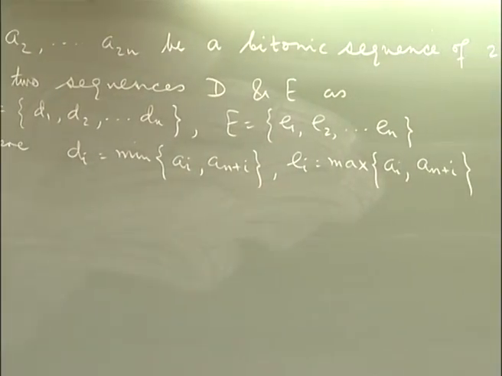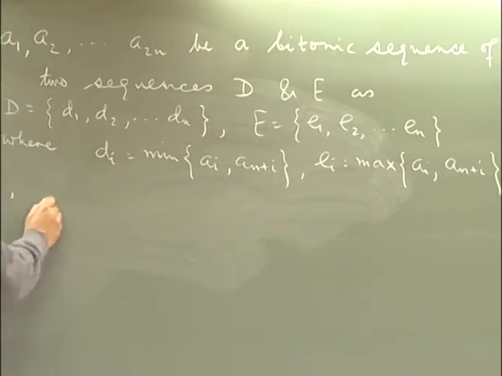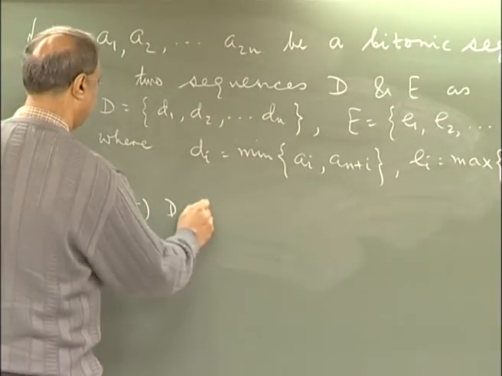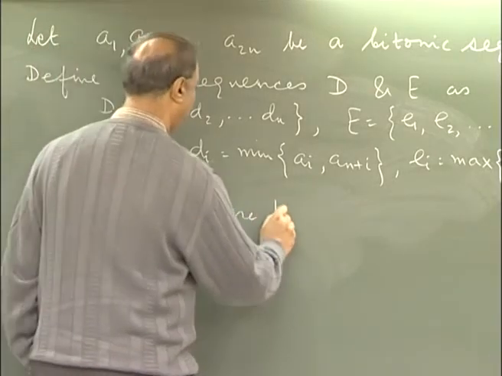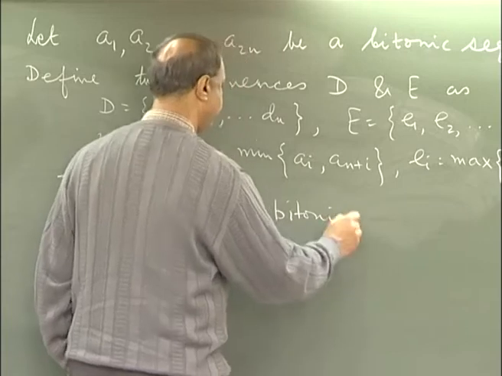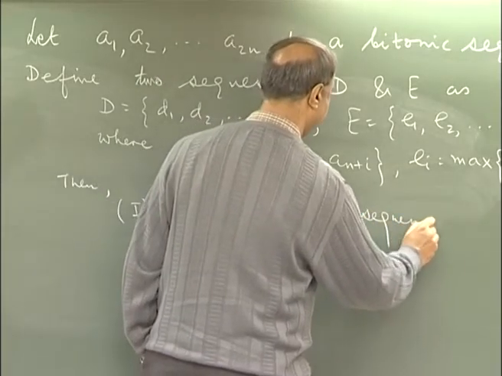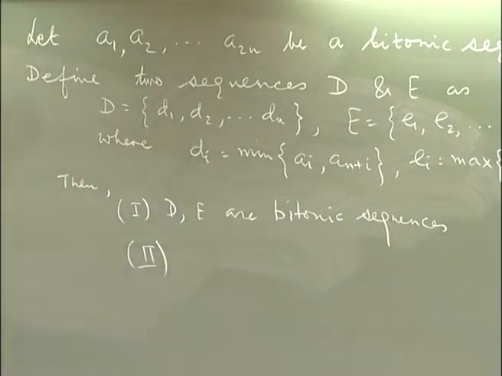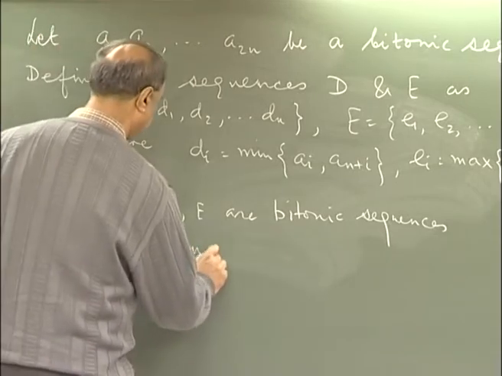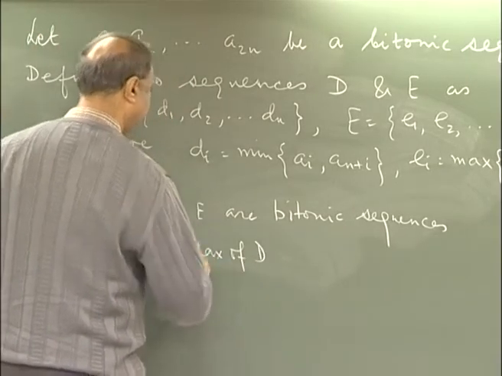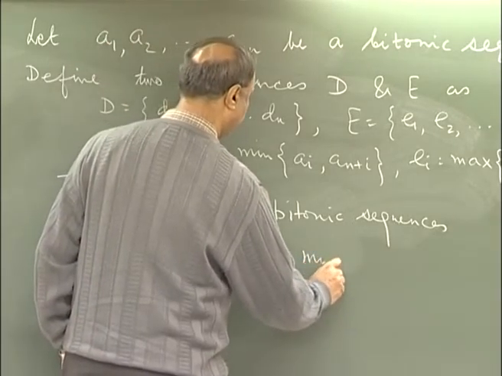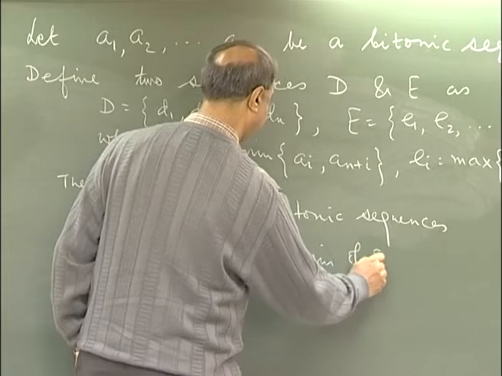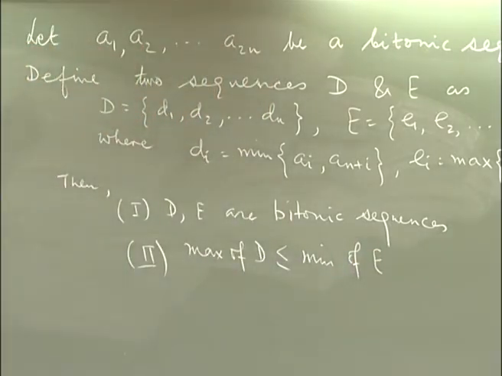Then D and E are bitonic sequences, and the maximum of D is less than equals to the minimum of E.